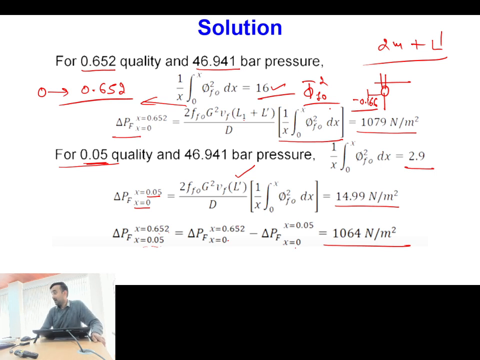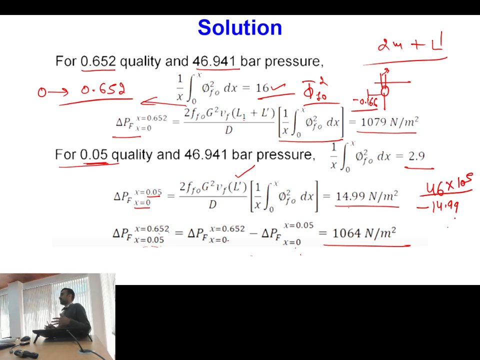Is this one clear? Otherwise, if you have to go for a very accurate calculation, first using this assumption of pressure, you need to calculate this pressure drop, this 14.99. Now from your 46 bar, you need to subtract 14.99. But if you take 46 into 10 to the power 5, this difference is very, very small.